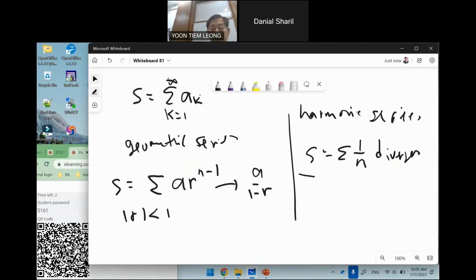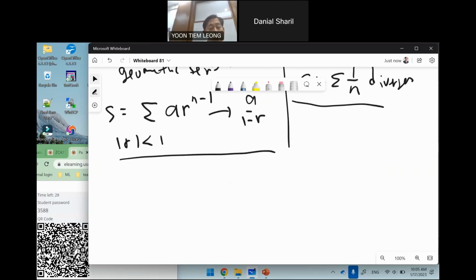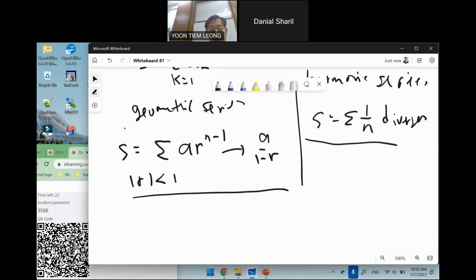Today's topic is the first trick to check the convergence of a series, which is more general. The geometric series is not as general, since not all series are in the form of a geometric series.